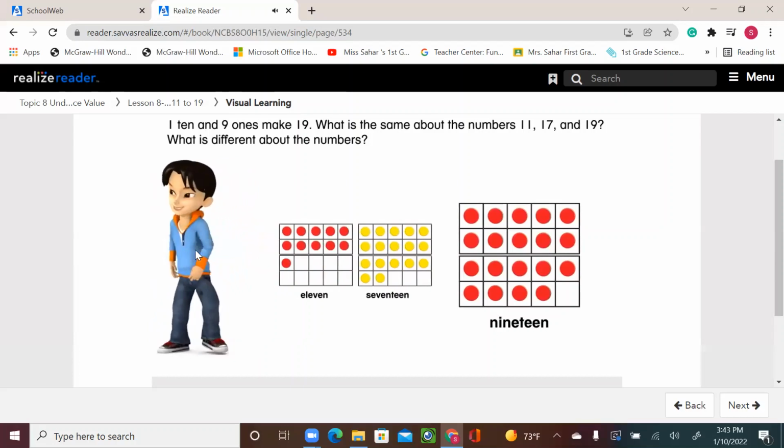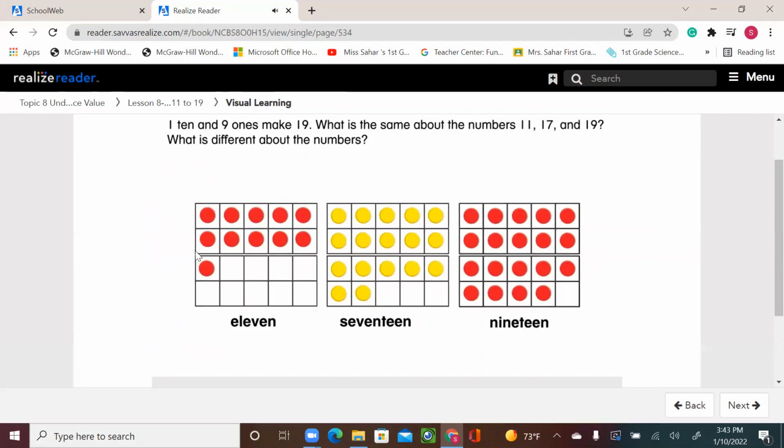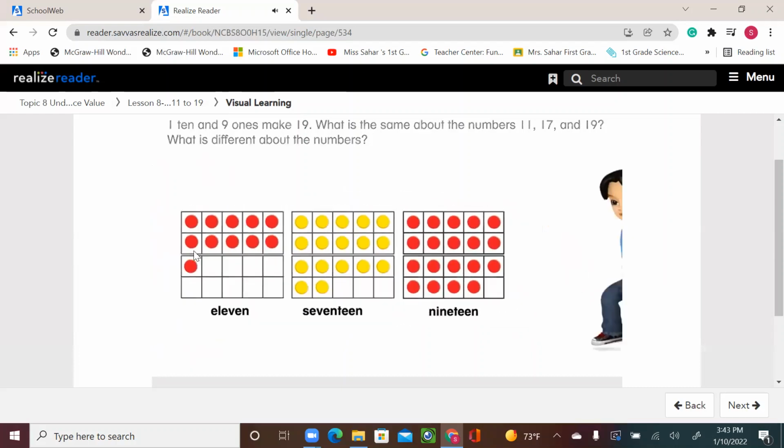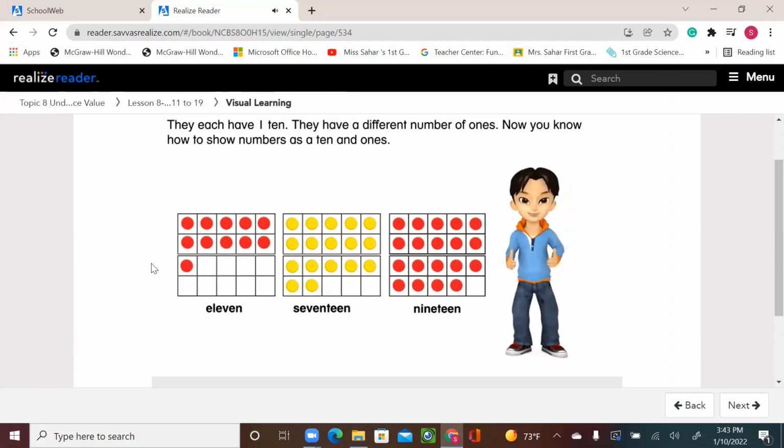What is the same about the numbers 11, 17, and 19? What is different about the numbers? They each have 1 ten. They have a different number of ones. Now you know how to show numbers as a ten and ones. Great job!